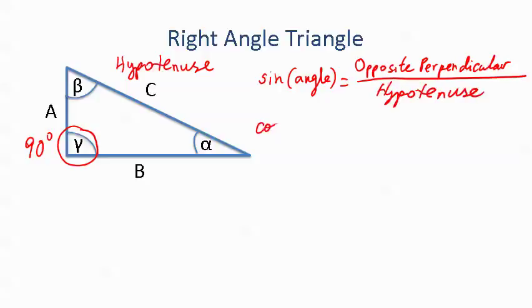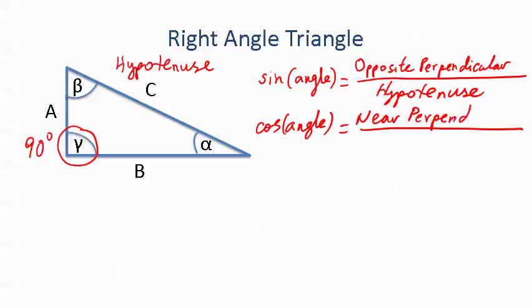And the cosine of an angle is defined as the near perpendicular to that angle divided by the hypotenuse.